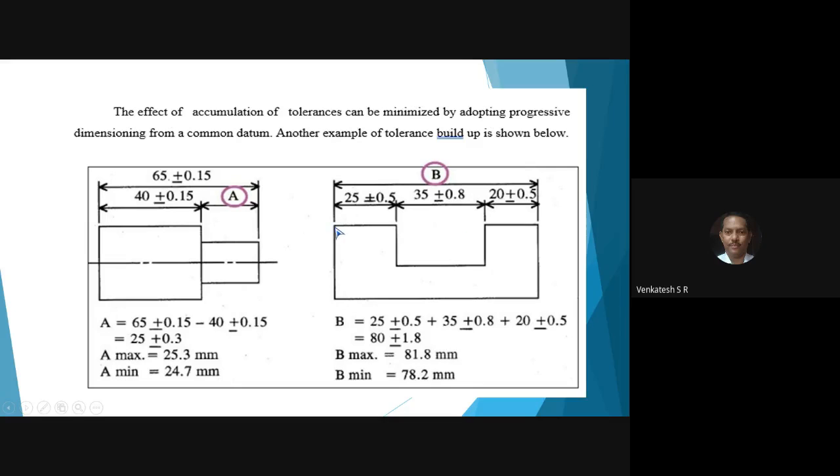If you go to any manufacturing industry for an interview, suppose they give you a diagram like this and ask you to explain the total tolerance, the upper limit, lower limit, and what criteria you are using for the component.